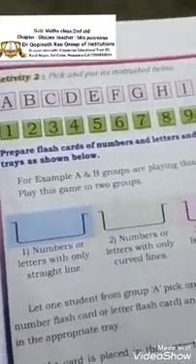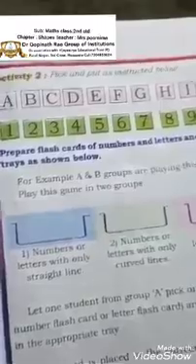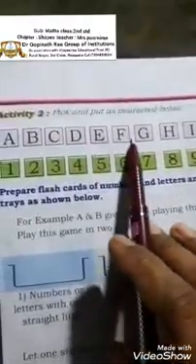That is a pick and put as instructed below. Here we have some ABCD. Okay, you people try to make some cards like this, alphabetical cards and number cards. You keep 3 boxes.